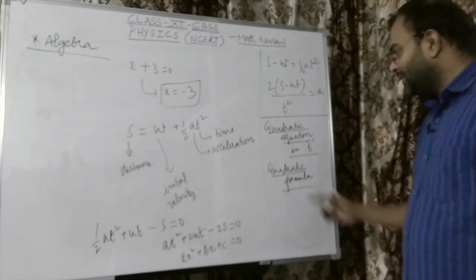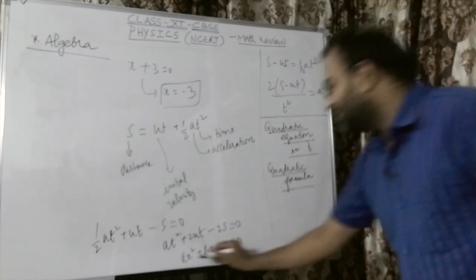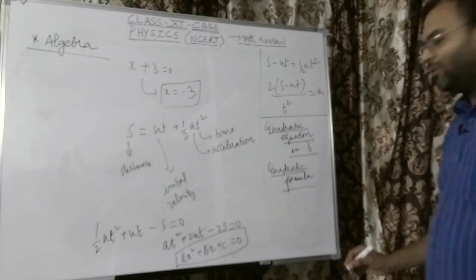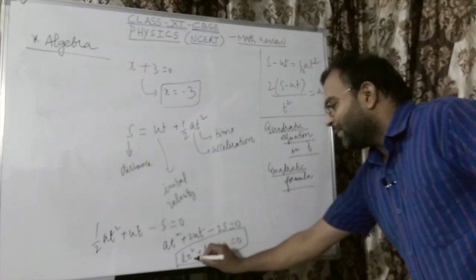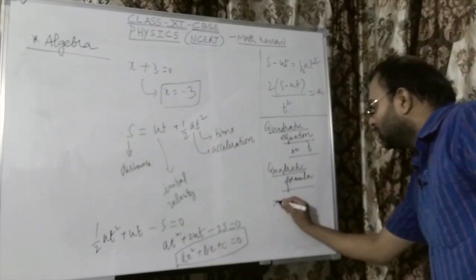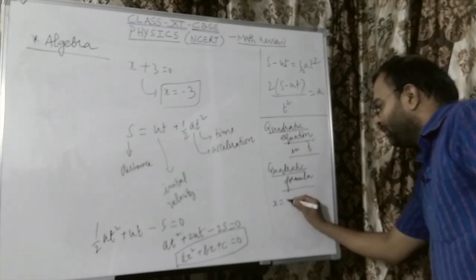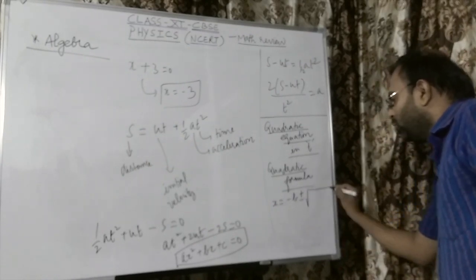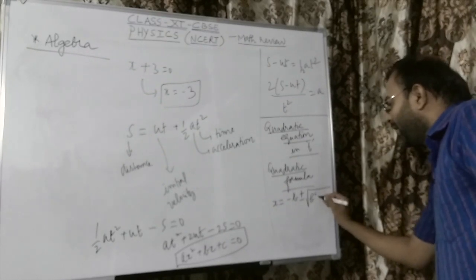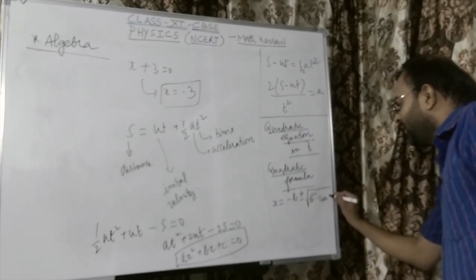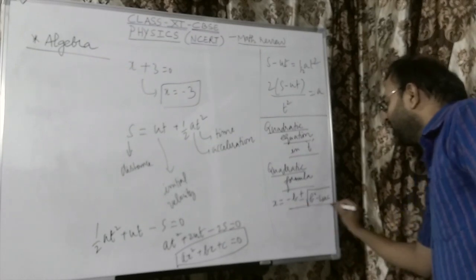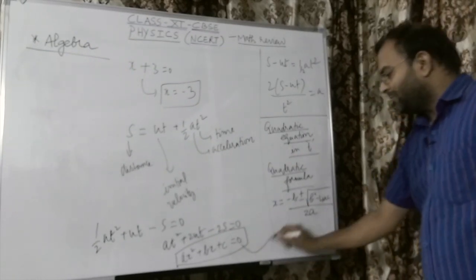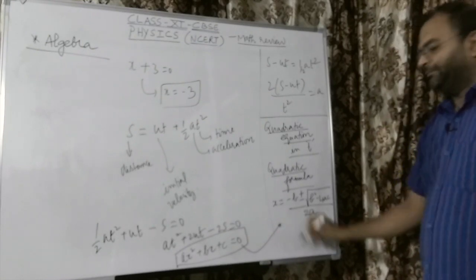For a general quadratic equation in x, the solution is given by the quadratic formula: x is equal to minus b plus or minus square root of b squared minus 4ac, by 2a. This is the solution for an equation of this form.